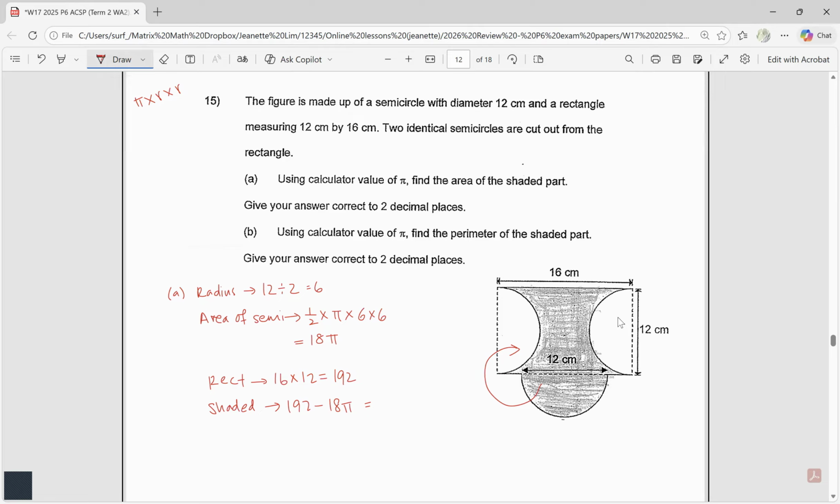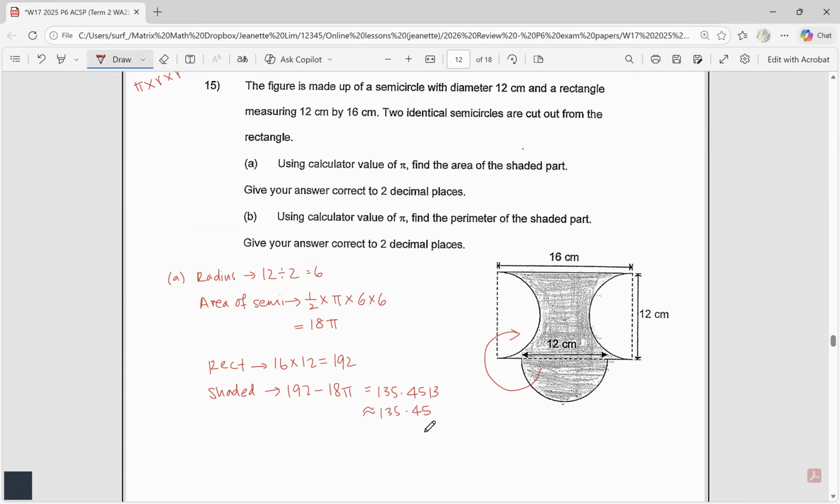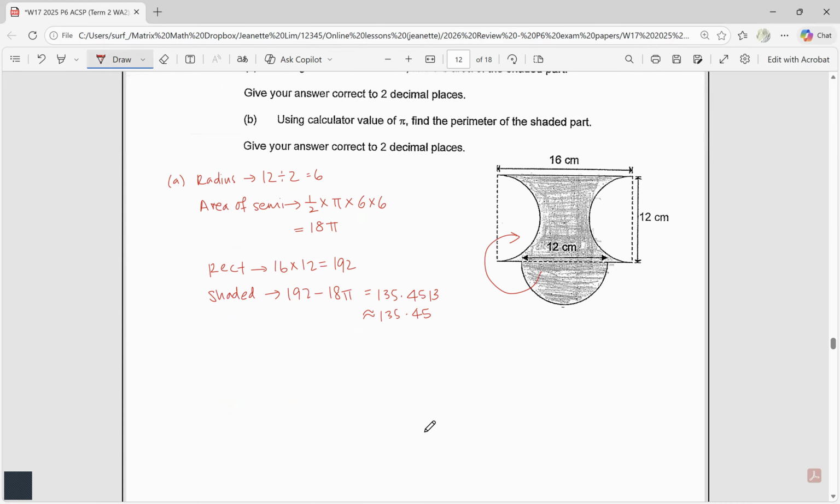Now you use the calculator value of pi because it's the last step. Now you should get something like that. Then you're supposed to round it to 2 decimal places. So 135.45. Because after the 5 is a 1, you do not need to round it up. So round it to 0.45. So that's your answer for part A.